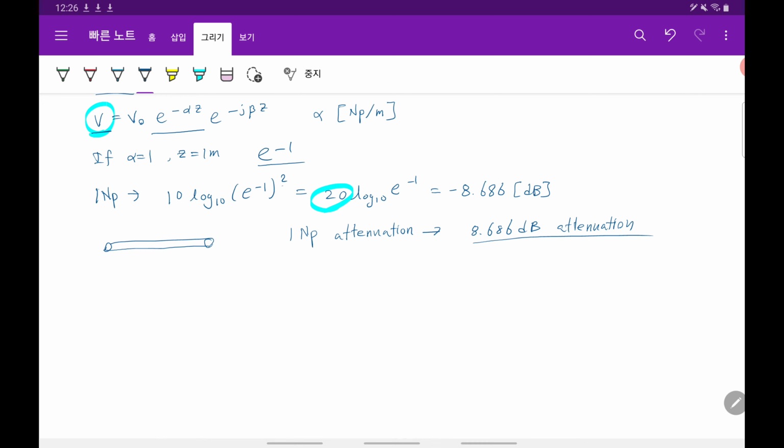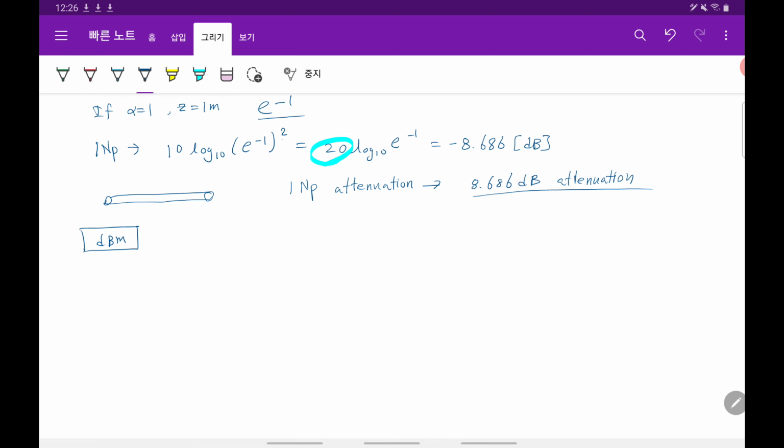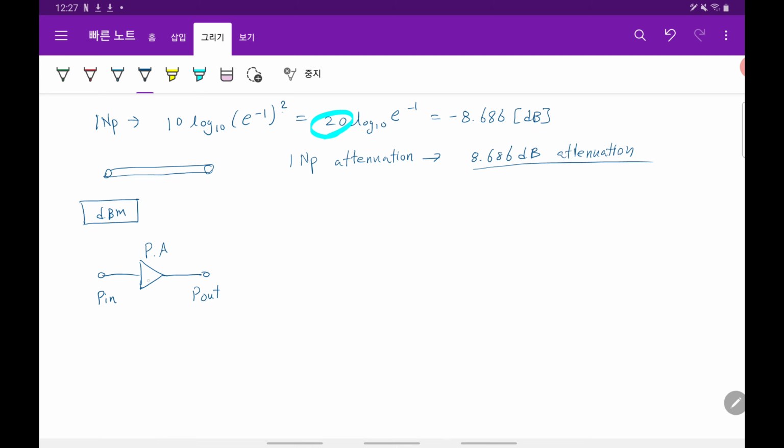So another very common parameter we use is dBm. Before I explain this, let me explain another case. Let's say this is a power amplifier, PA. It amplifies the input power to the output power, right? The PA amplifies P in and generates higher output power.